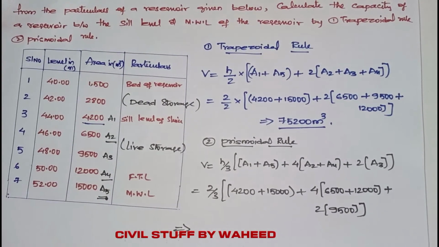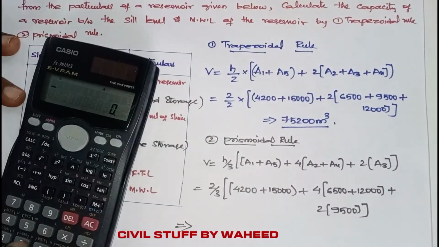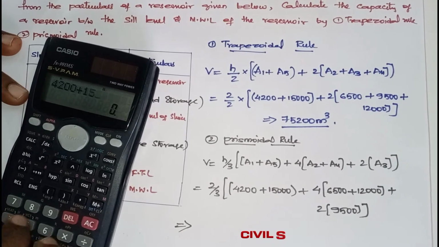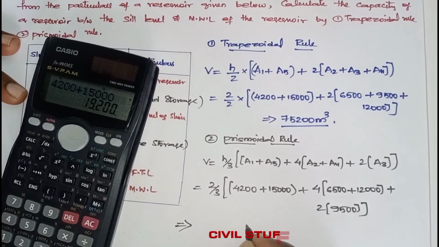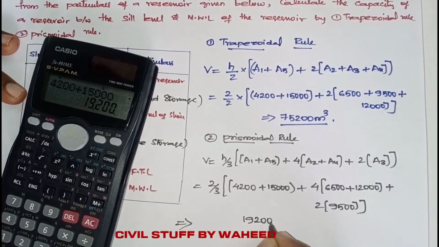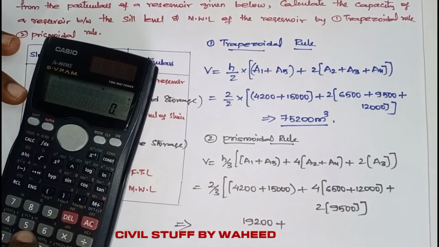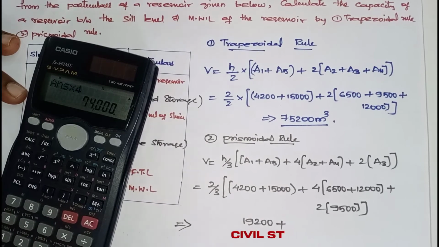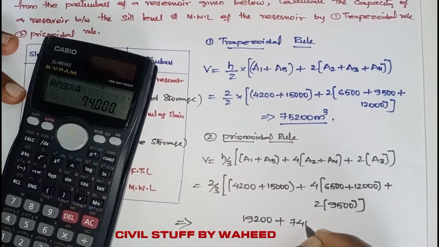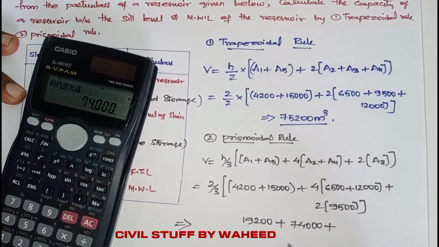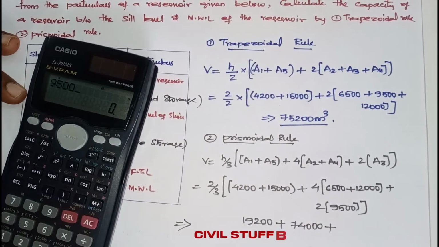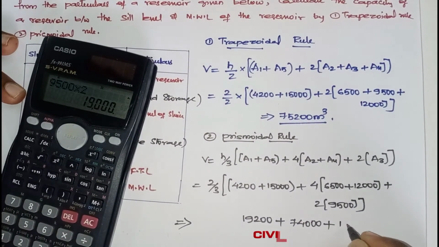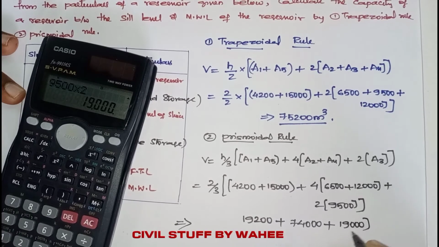Upon calculation, 4200 plus 15,000 is 19,200, plus 6500 plus 12,000 into 4 is 74,000, plus 9500 into 2 is 19,000.